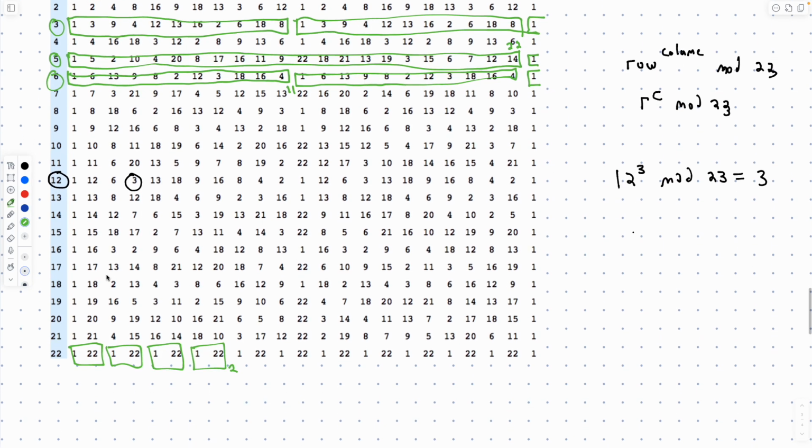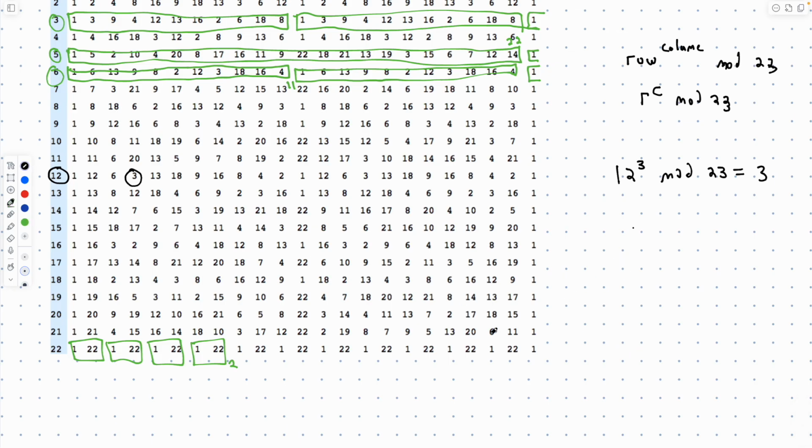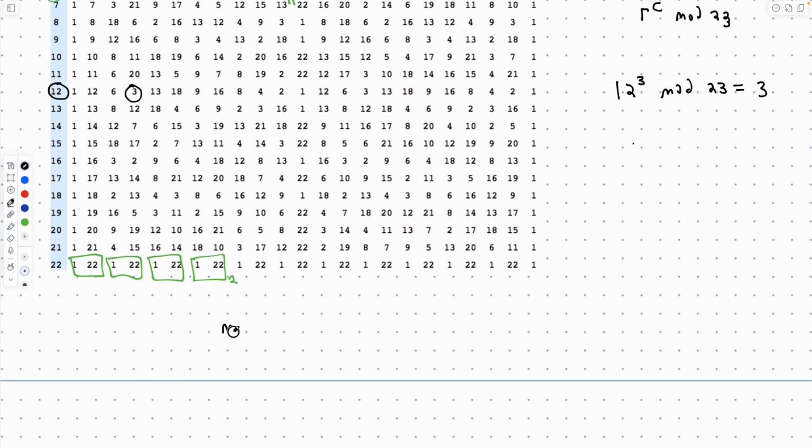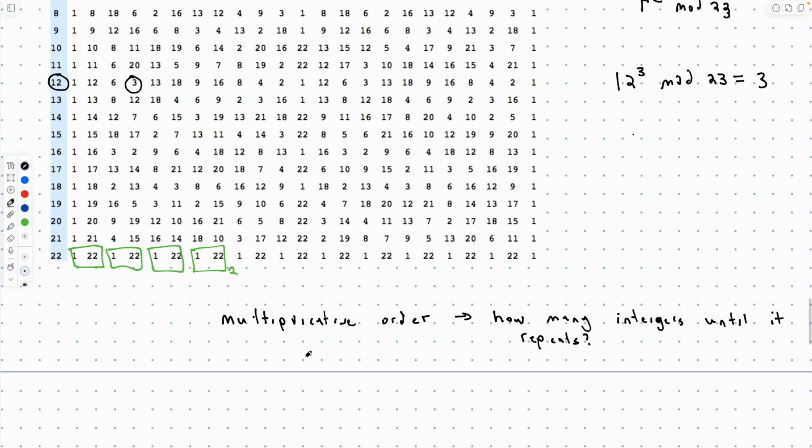We have a name for that, which we call the order, or multiplicative order, because we're generating this with multiplication. So how many integers until it repeats?